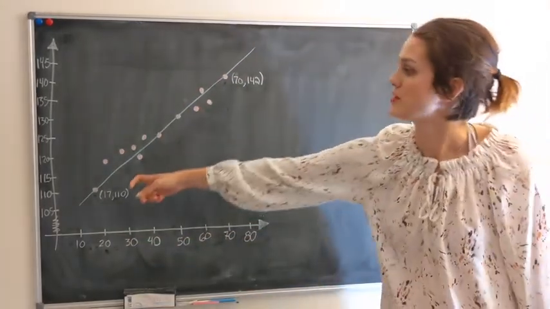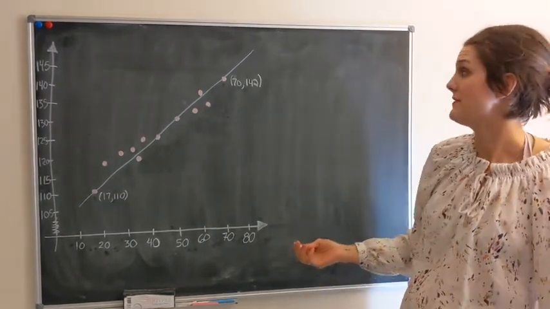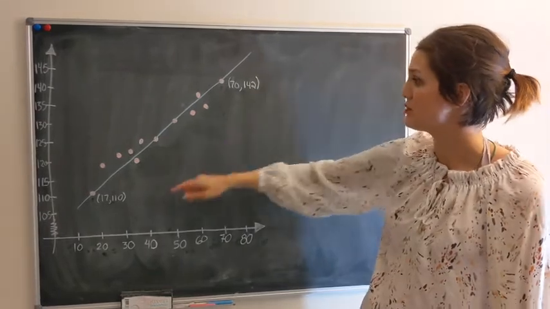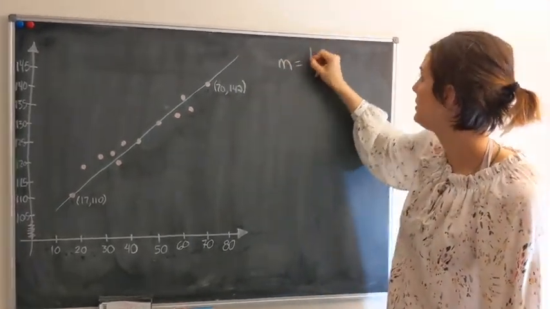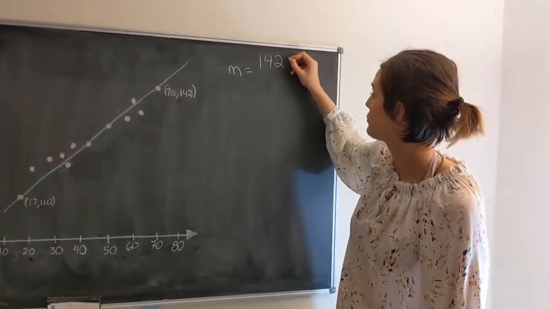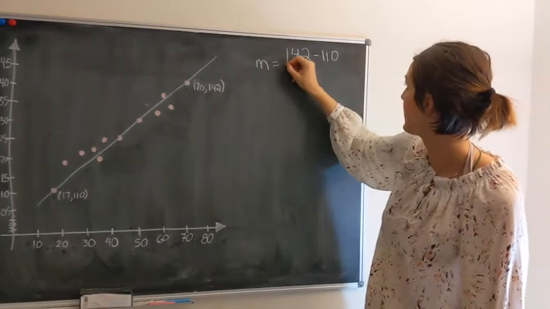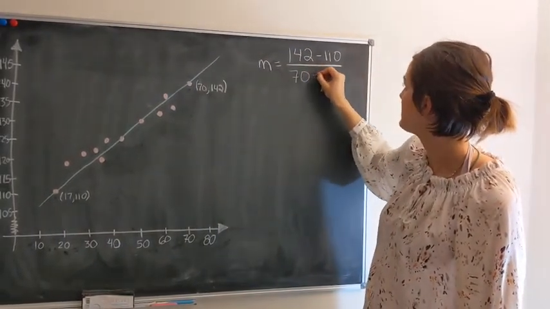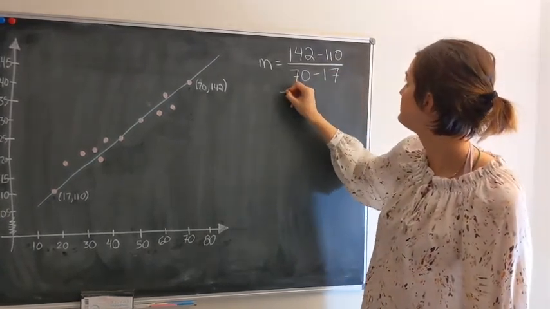And since we have 2 points, we can just use point-slope form for the equation of a line. So if our 2 points are (70, 142) and (17, 110), our slope, just using our slope formula, will be 142 minus 110, a difference in y values, or a rise, over 70 minus 17, our difference in x values, or our run.